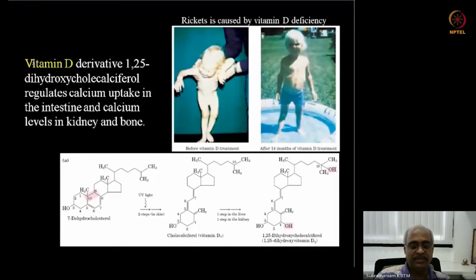Anytime you say vital or essential, what it means is those molecules cannot be made by our cells. They are required for us, but they cannot be made, and therefore they have to come through the food. So anything that is essential but needs to be obtained only through food is usually called vital or essential.